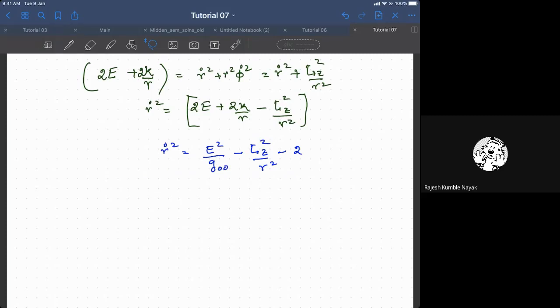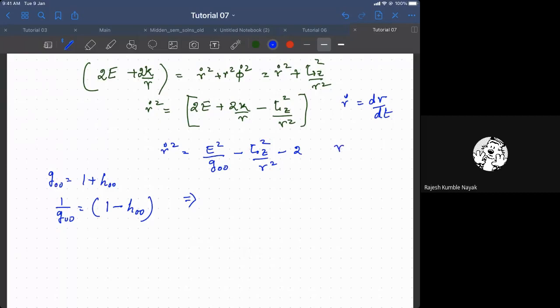Now these two equations would look fairly similar, and let us remind ourselves that we have made an understanding that G00 is equal to 1 plus H00, and 1 by G00 can be written as 1 minus H00. Putting it all together, by comparing these two, ignore the constant, because this r dot and t dot cannot be compared, in the sense that here r dot means dr by dt, and here r dot means dr by ds, but we can convert it.